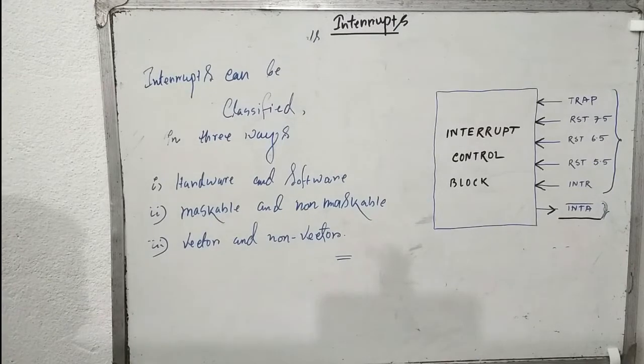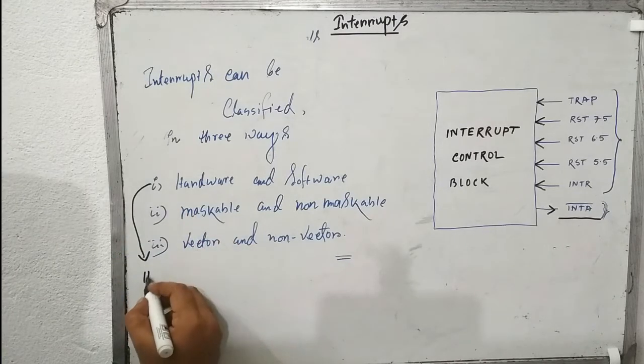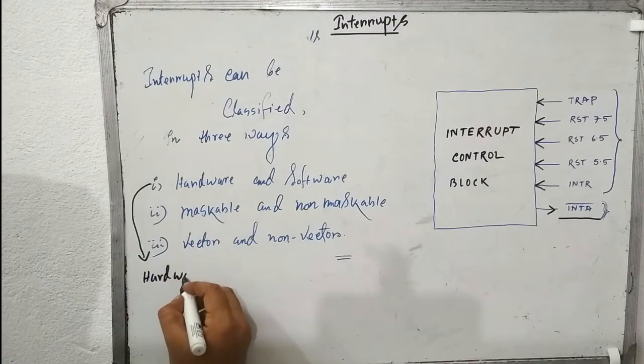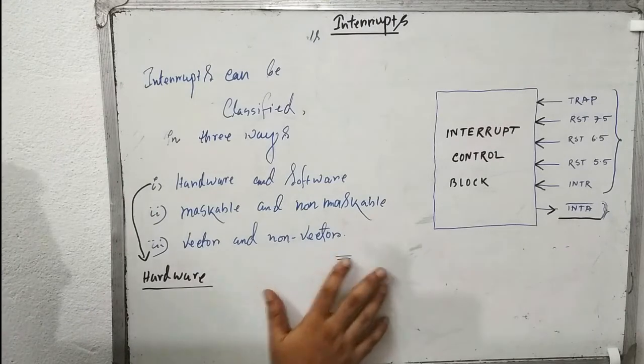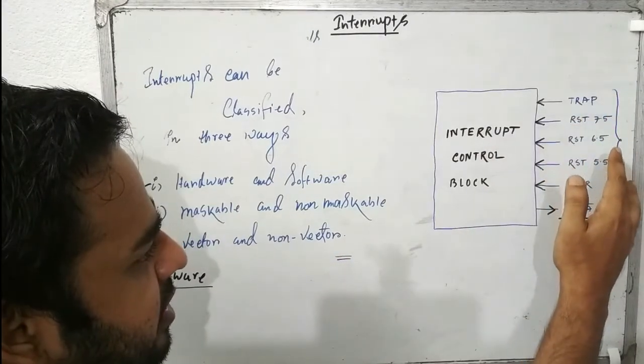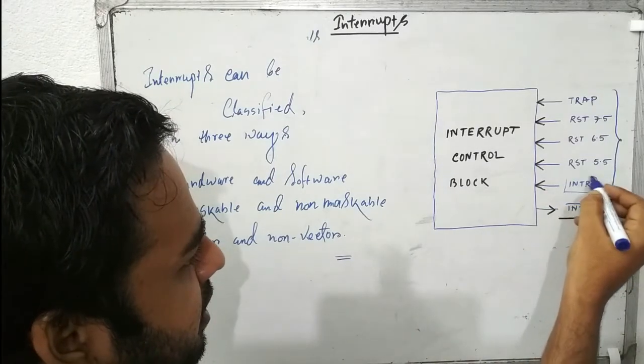So what are hardware and software interrupts? Hardware interrupts. There are 5 hardware interrupts available in the 8085 microprocessor, that we have seen.